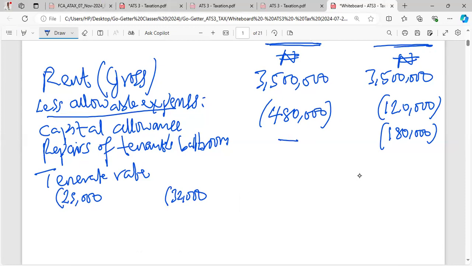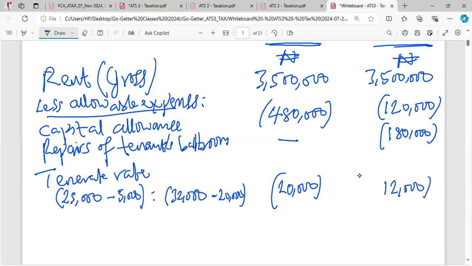So you remove it. You remove 5,000 here. You remove 20,000 here. So it means this is 25 minus 5, which will give you 20. So 20,000 is allowable. 32 minus 20 will give you 12. 12 is allowable.